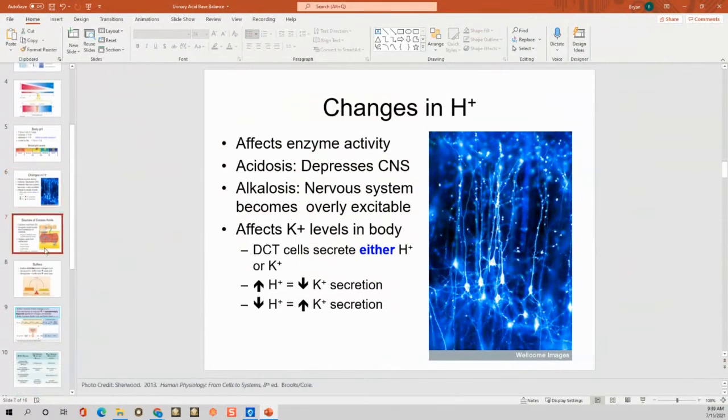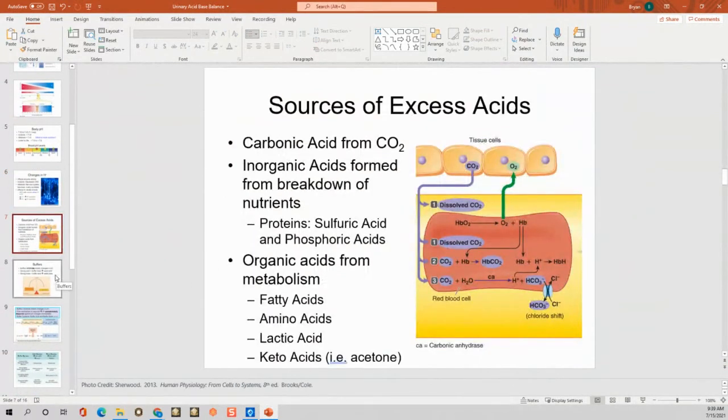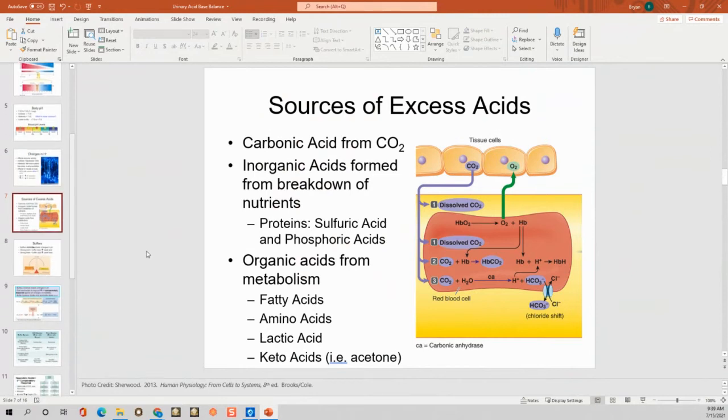Pretty big deal. Now, carbonic acid is not the only source of acid. It is the number one source of acid by a long shot, though. But there are other acids that you are producing all the time, from breaking down inorganic acids to breaking down organic acids. Both of these are going to cause excess acids in your body.